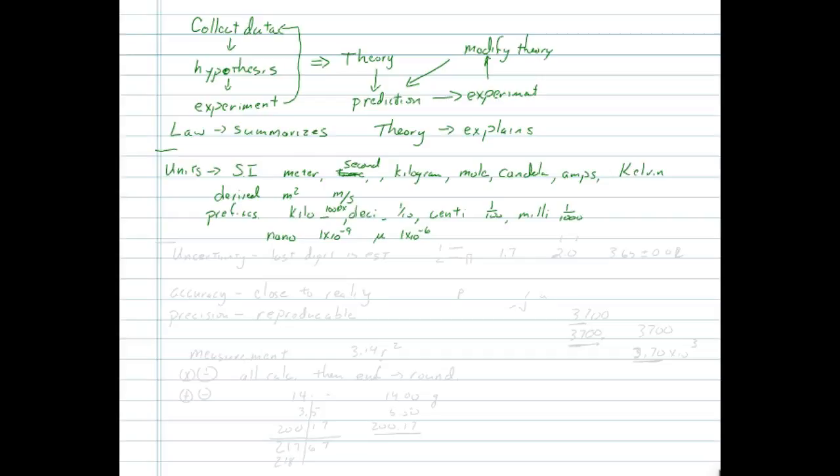Measurements, again, when you make a measurement, it's a human endeavor. Therefore, the scales and the people measuring the scales have a limit on how well we can do things. So there's the uncertainty.